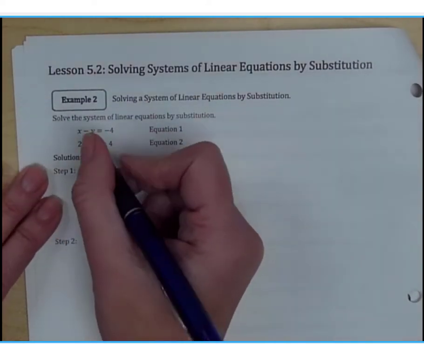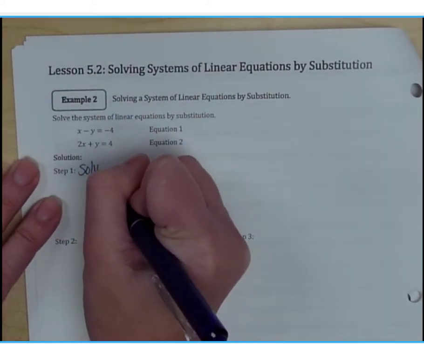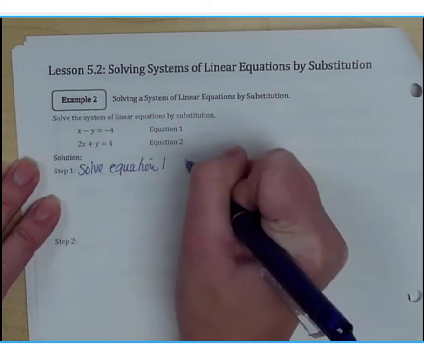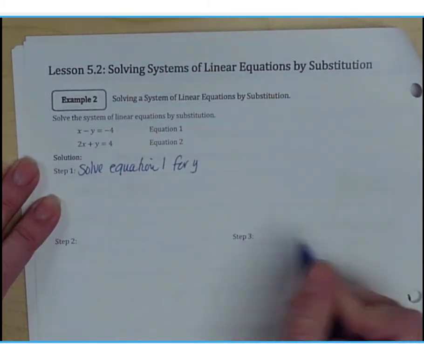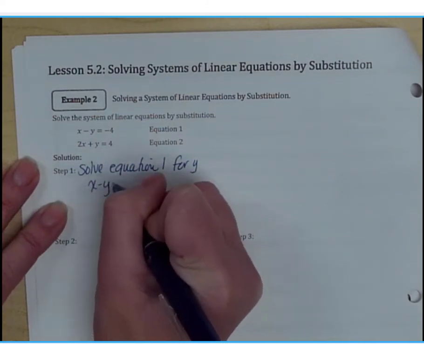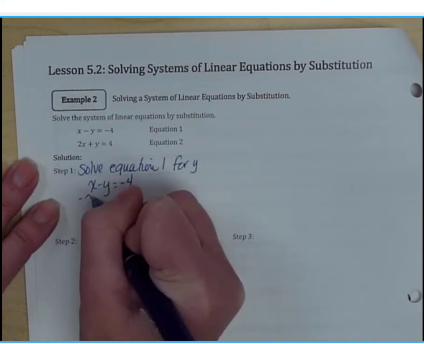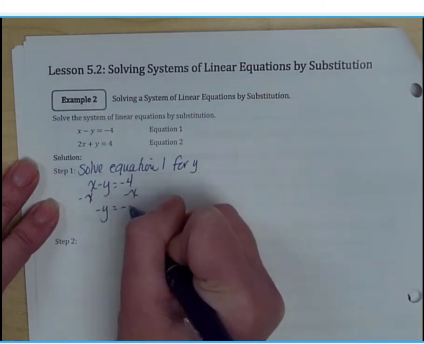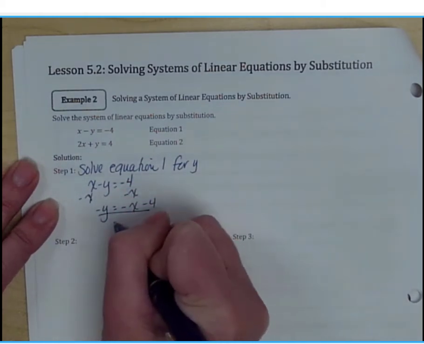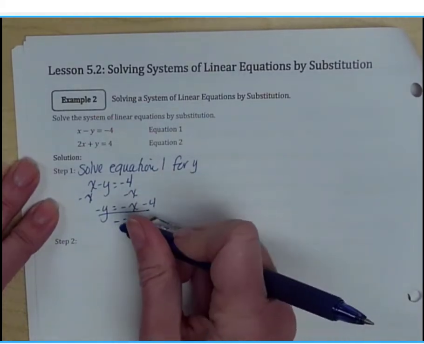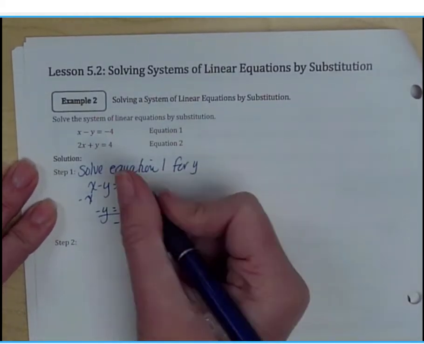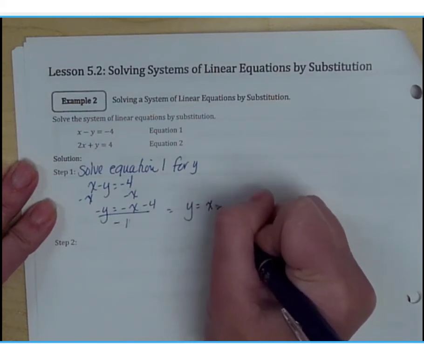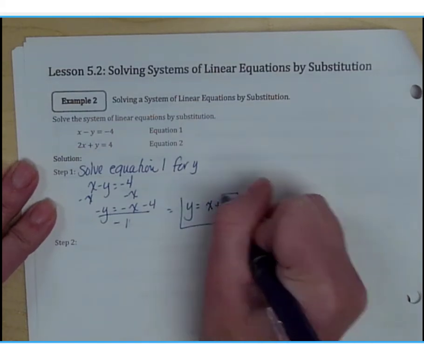So step 1, I'm going to solve equation 1 for y. So I have x minus y equals negative 4. Subtract x from both sides. Negative y equals negative x minus 4. Divide by negative 1. So I have y equals x plus 4.